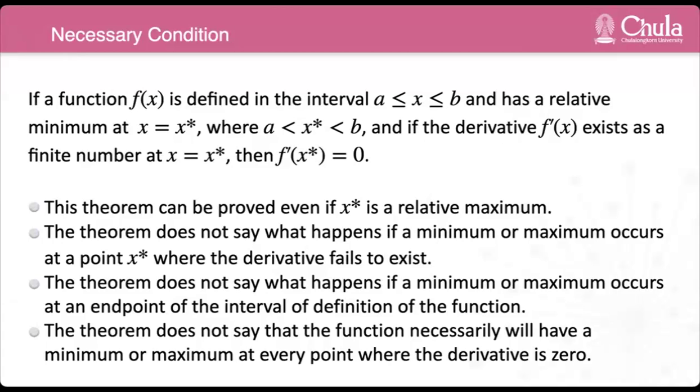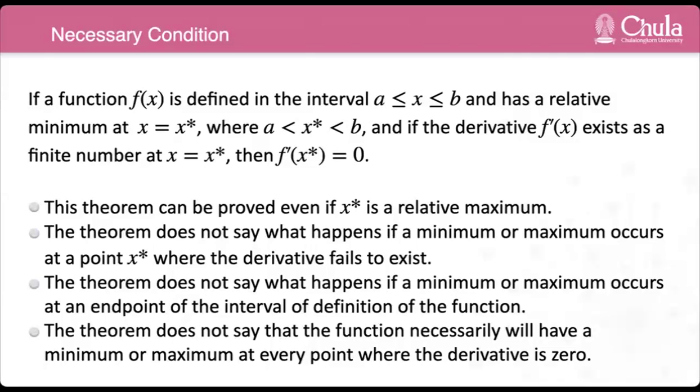We go a different way. If we have a local minimum and we know the derivative exists for the whole range, then at that maximum or minimum the derivative must be zero. But if in this domain the derivative does not exist, you cannot say anything about that.